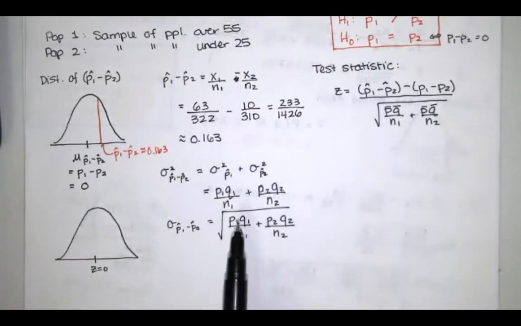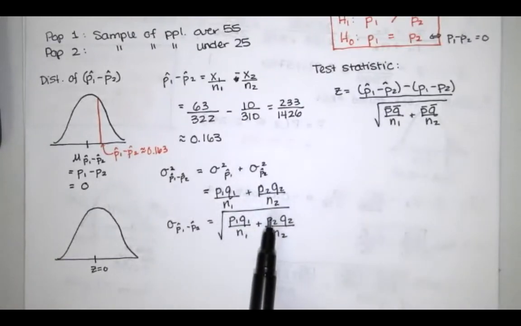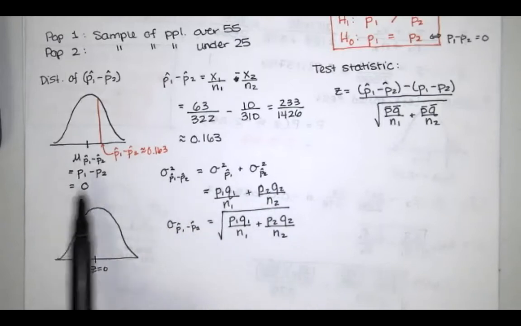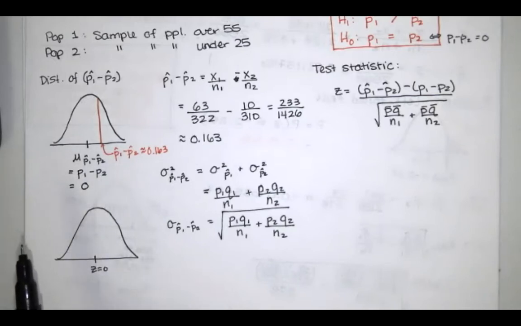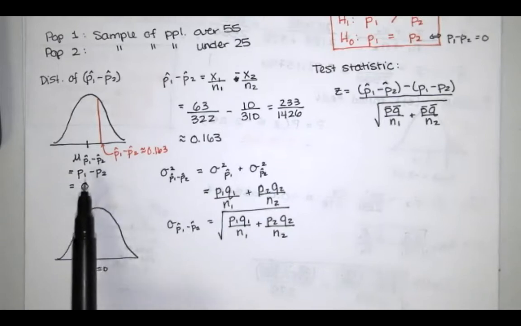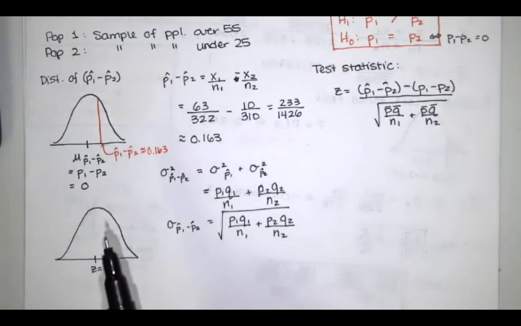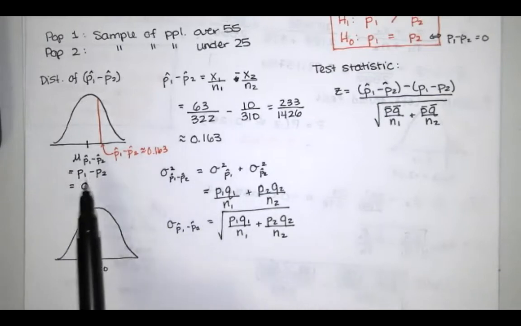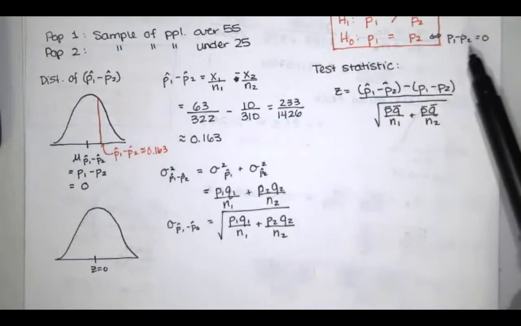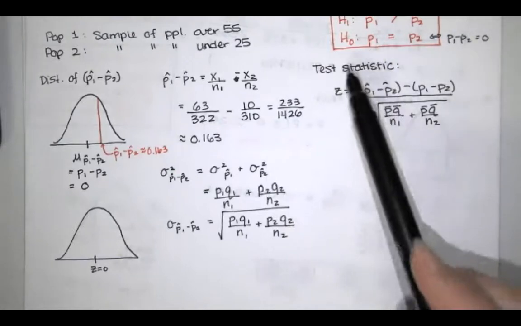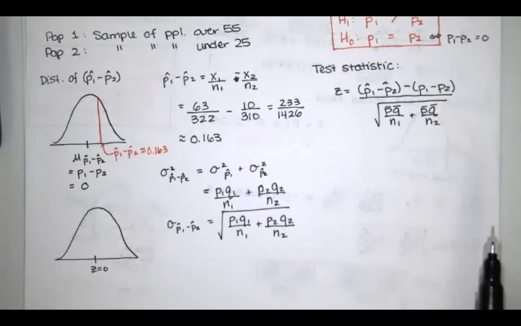But if I want to use this formula, we're making the assumption that the null hypothesis is true, we're making the assumption that P1 and P2 are equal to each other. Now, we don't actually have the value of P1 or P2 here at all. All we have are P1 hat and P2 hat, but we're assuming that P1 minus P2 is 0, which is the same as assuming that P1 and P2 are equal to each other.